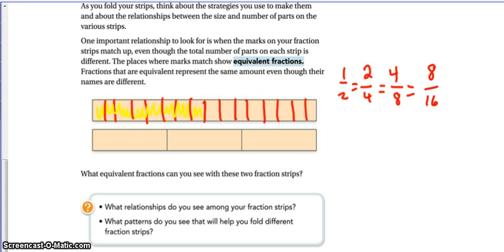Now let's take a look at the third. I'm going to use blue to represent the third. So if I took one piece of paper, same size, and I do thirds, I go into 3. So we would have 1/3, and we'll use purple to shade it in. So one of those would be equal to 1/3. And then I would divide each one of those into halves.